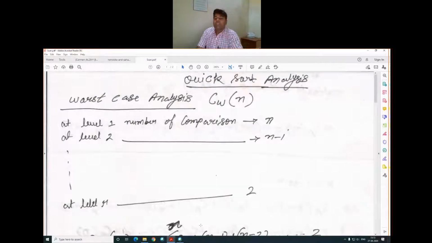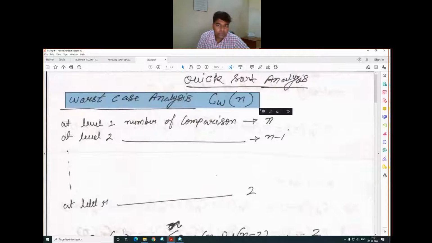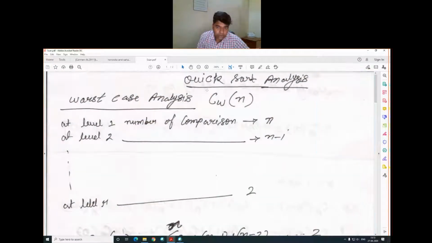Now see, quicksort analysis. From here you can see that first we are discussing the worst case analysis of the quicksort algorithm. That is represented using the notation, just note it down, C_W(n).